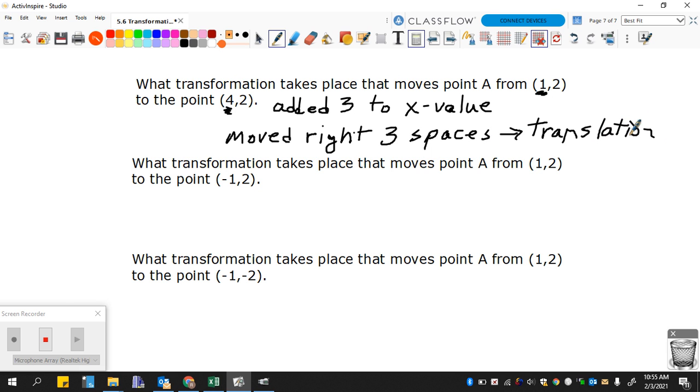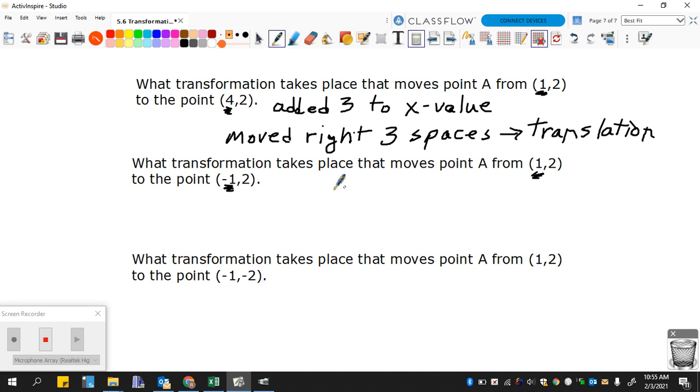Next one, what transformation takes place that moves point A from (1, 2) to the point (-1, 2)? Once again, the only thing that changed is the x value; the y value stayed the same.